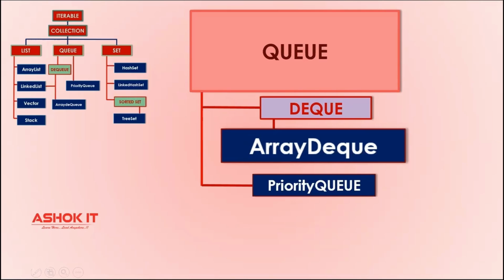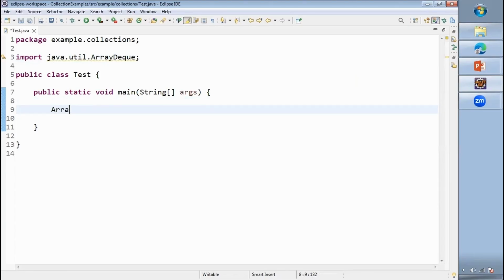So first we will see practically how to create an array DQ. We will be creating an object for array DQ. So array DQ class followed by the object name, which I am taking as AQ, and equal to new array DQ.